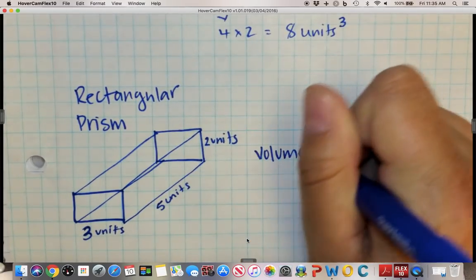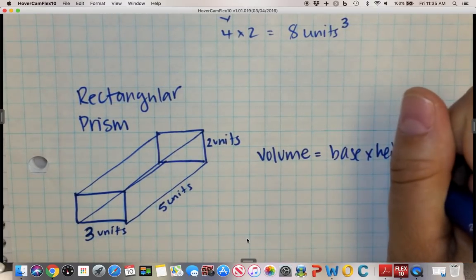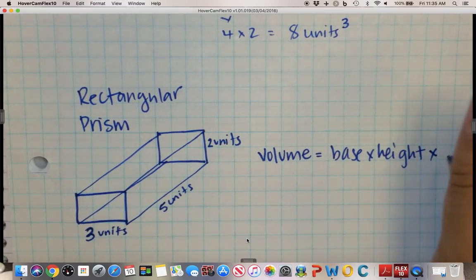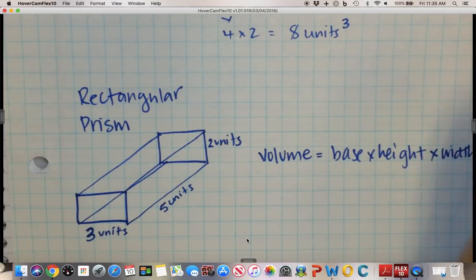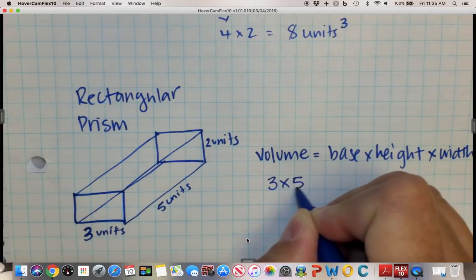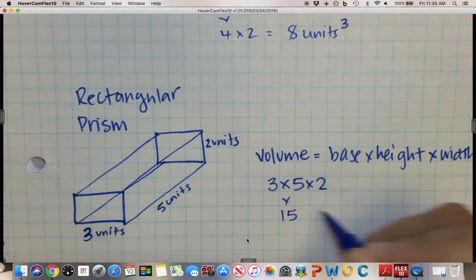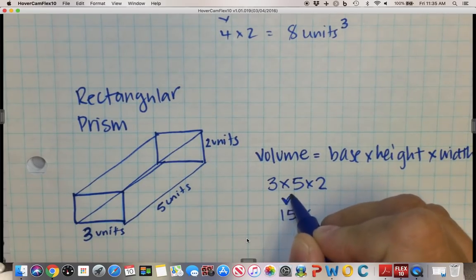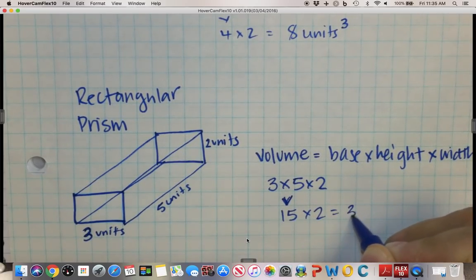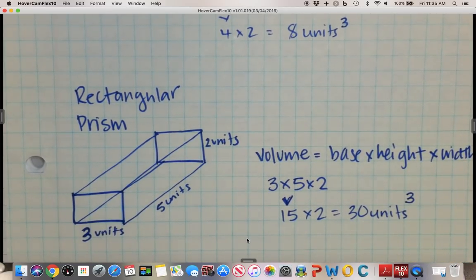Again, the volume is the base times the height times the width. And here we have 3 times 5 times 2. 3 times 5 is 15. 15 times 2 is 30 units cubed.